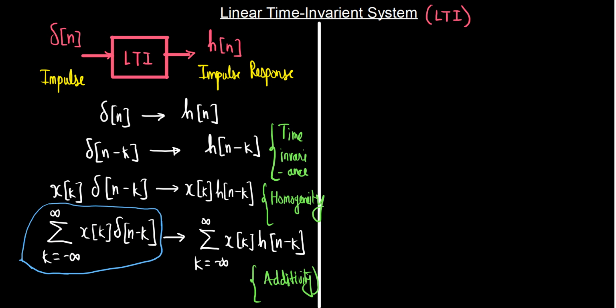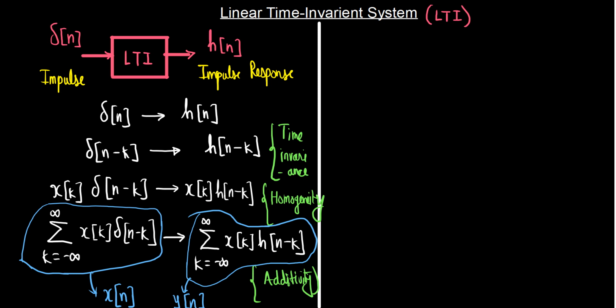This is x of n. We know that any signal x of n can be represented by the shifted and scaled versions of the impulses. And on the right hand side, what is that? Well, if this is x of n that we have applied, let this be the output signal, let that be y of n.